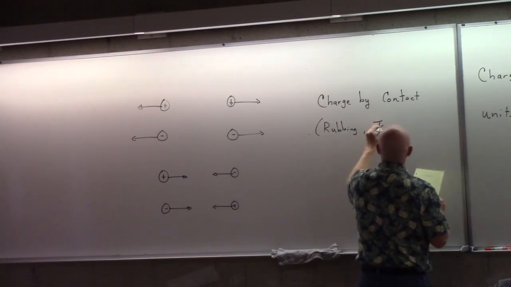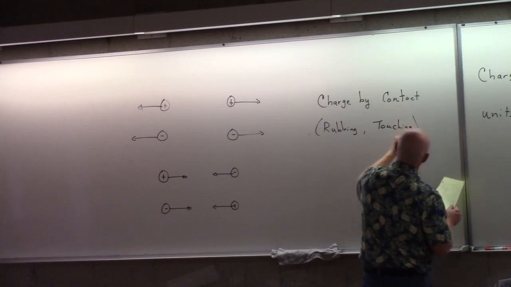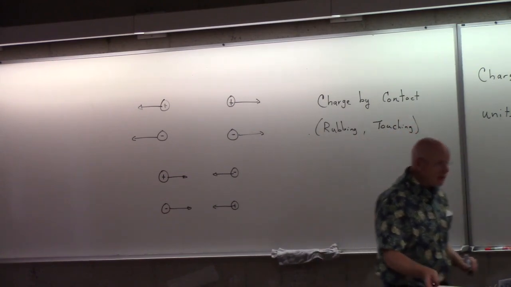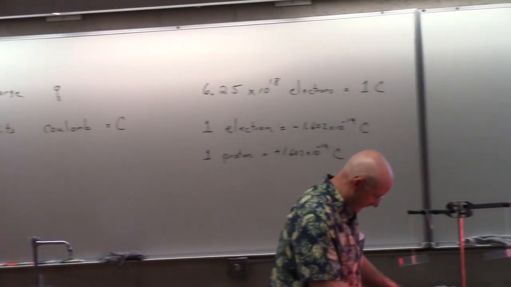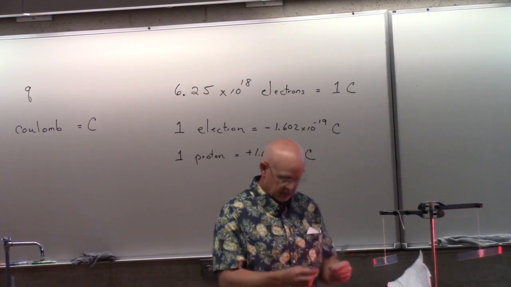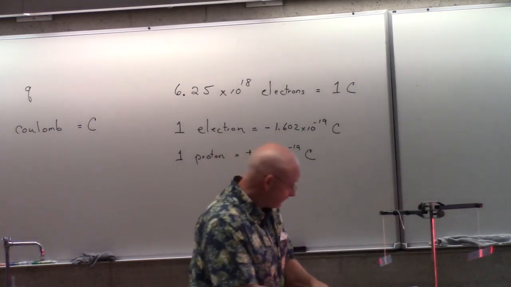I would also say, and I'll just show you this, you could charge something not necessarily by rubbing it, but just by transferring the charge. Watch this. Let me find my vinyl again. Okay, so here's the vinyl, and I'll try the paper first.